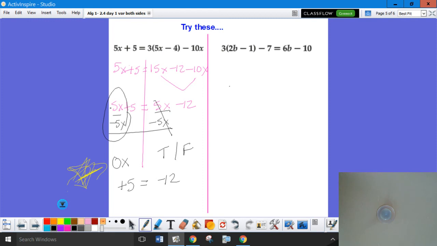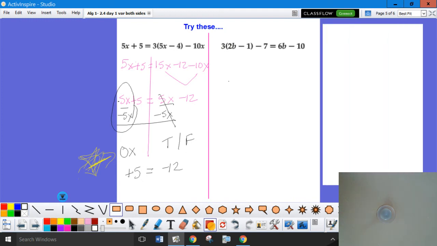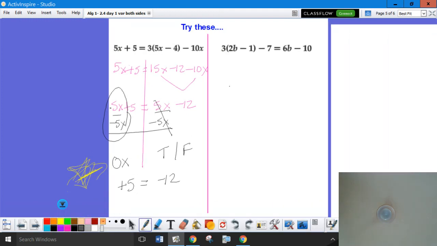There are special types of equations that have specific or special answers. So we already know that on equations, I can come up with one solution. That is your normal problem.